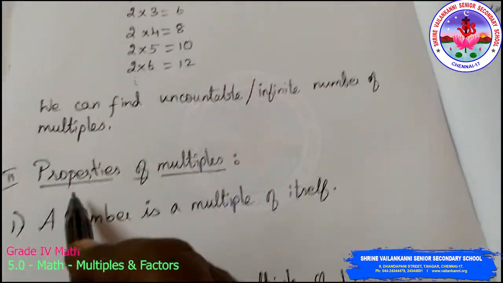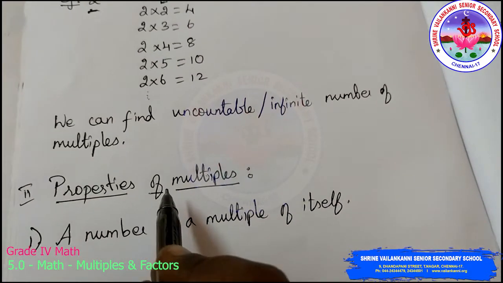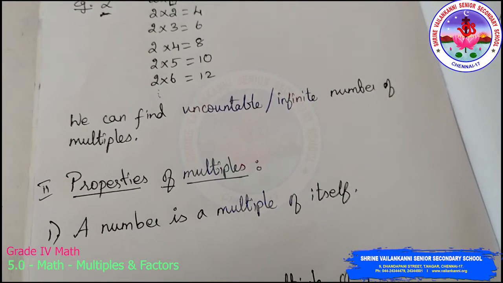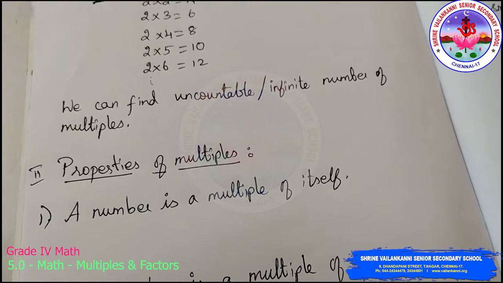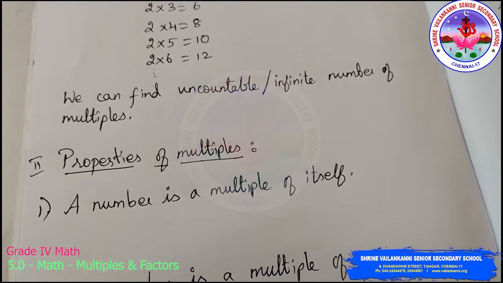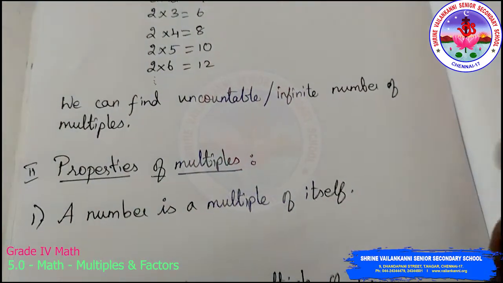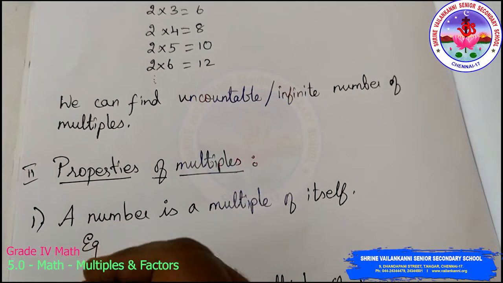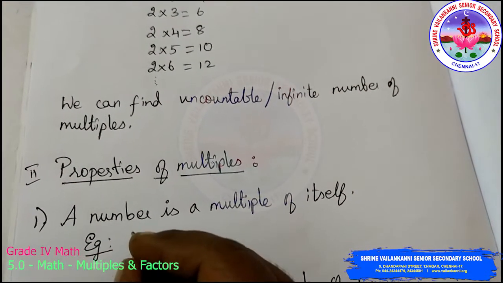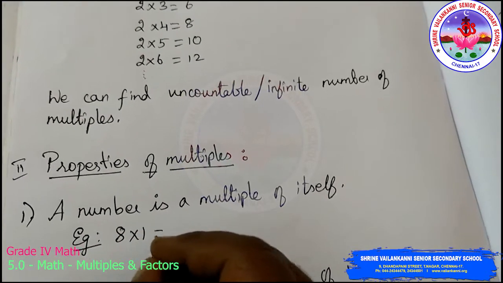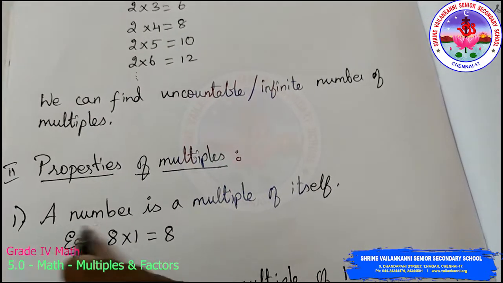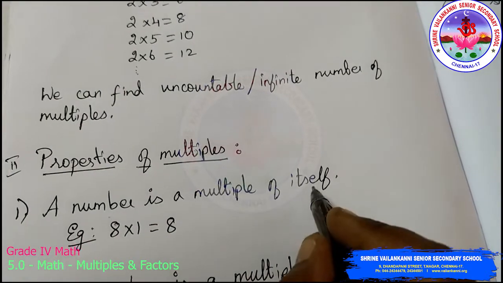Now we will move to the topic, properties of multiples. The first property is: a number is a multiple of itself. For example, 8 into 1 is equal to 8. A number is a multiple of itself.